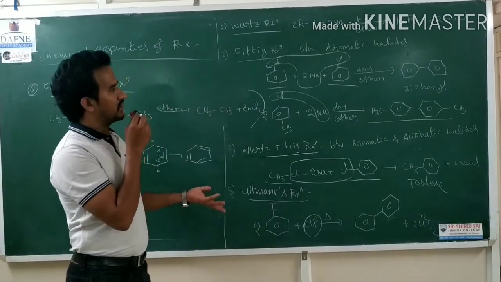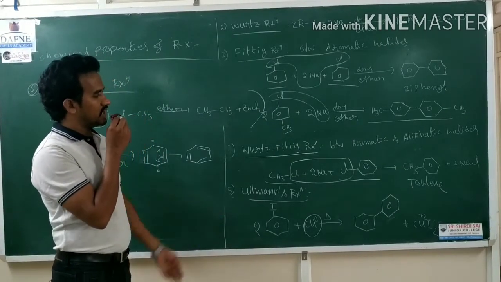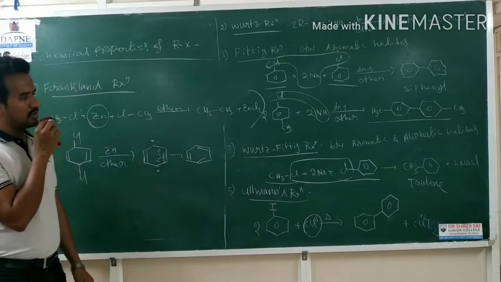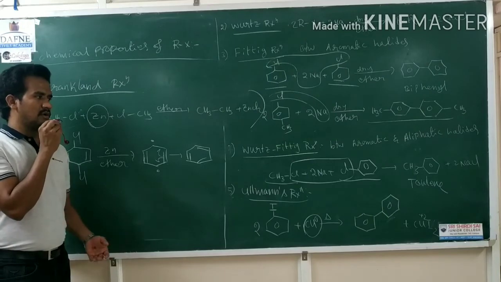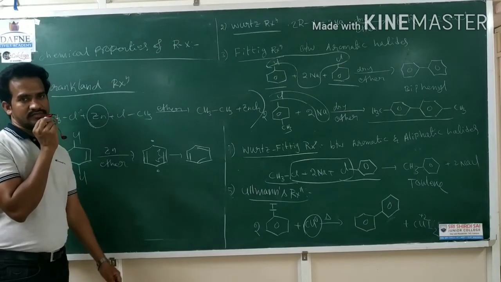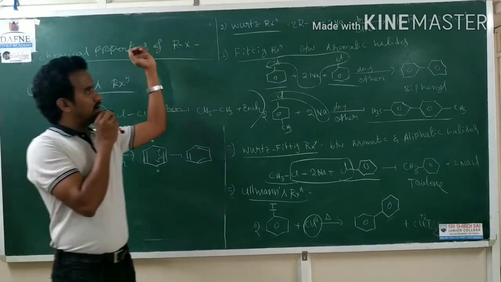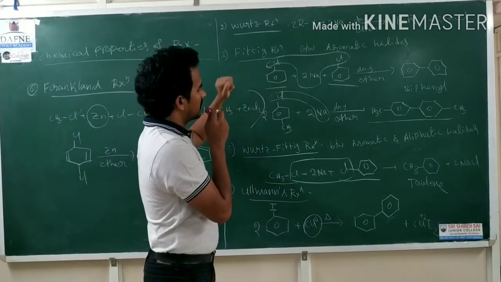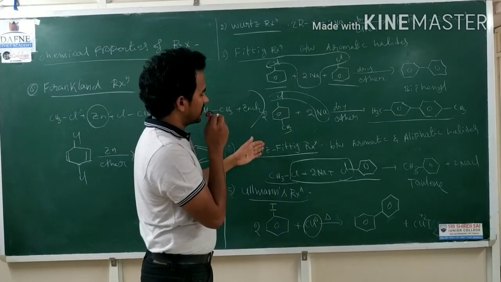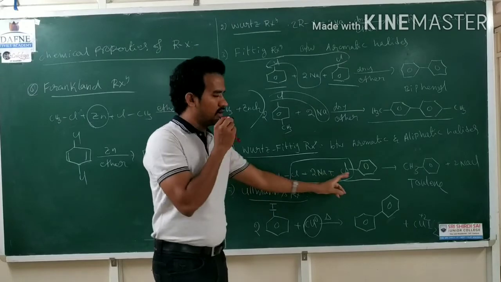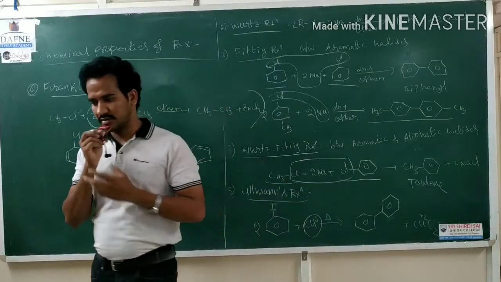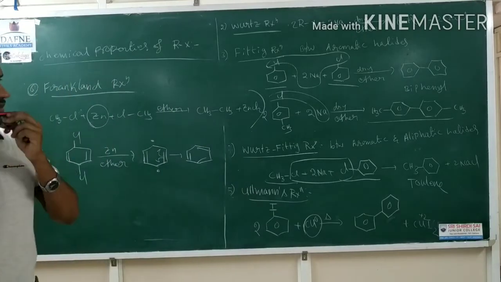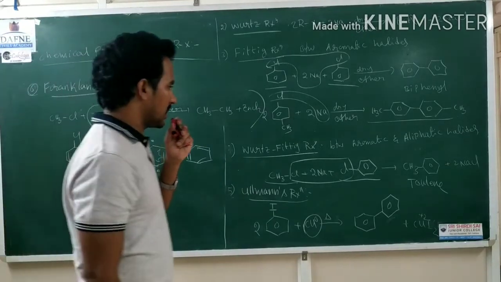All these three, the Wurtz, Fittig and Wurtz-Fittig reactions, are in the presence of sodium, but here the nature of the reactant is different. In one case aliphatic halide, in another case aromatic halide, and in the Wurtz-Fittig reaction both aliphatic halides and aromatic halides. Okay, those are the chemical properties of the alkyl halides.